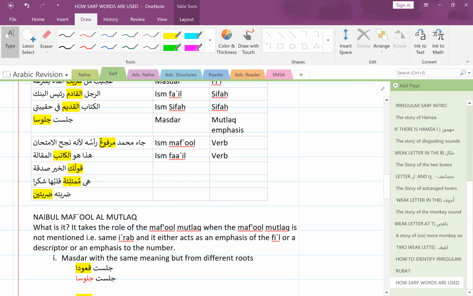Because it answers the question what. If I say هذا هو الكاتب, this is the writer. Writer of what? المقالة. So مقالة is answering the question what. This is the writer of the article. Okay. This is the article's writer. You can say something like that, or the writer of the article.